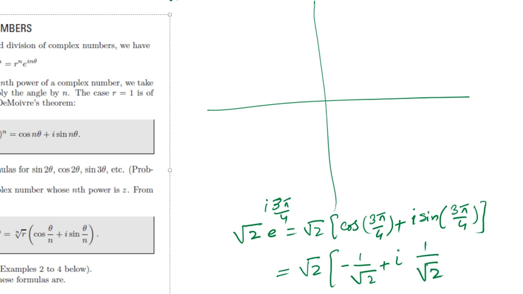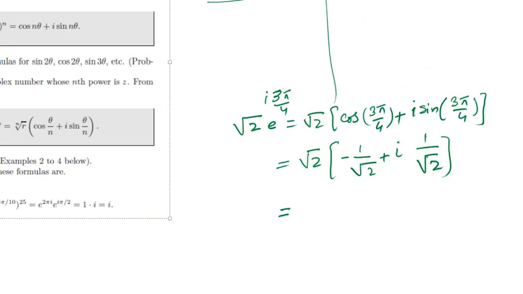So our net complex number will be minus 1 plus iota. This is the Cartesian or simple plane representation, and this is the same answer that we got previously when we evaluated the thing directly.